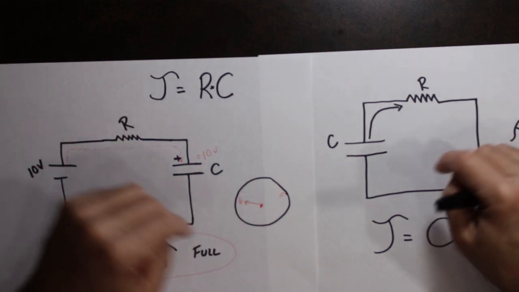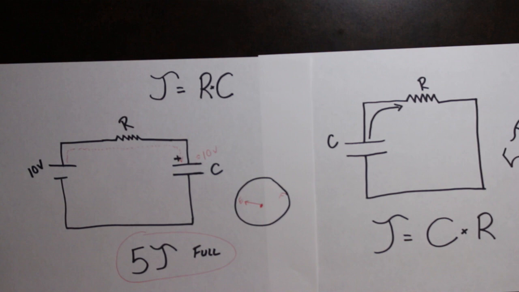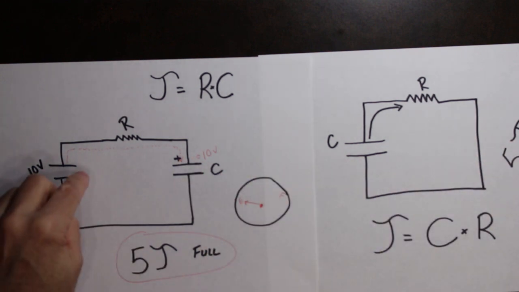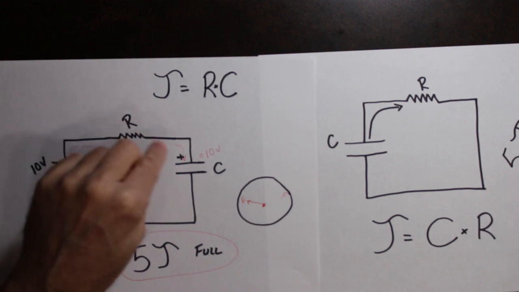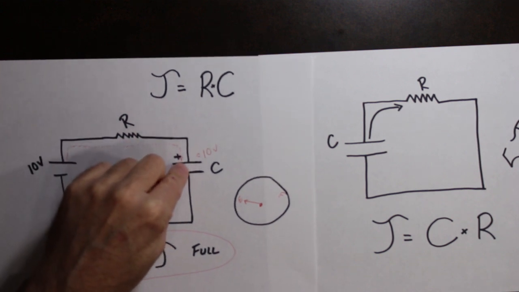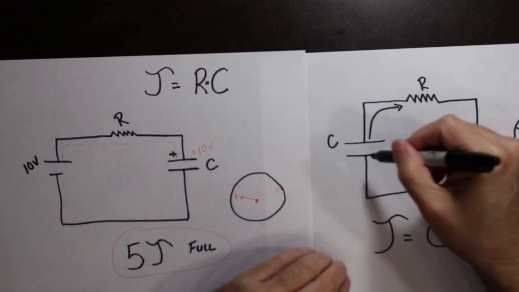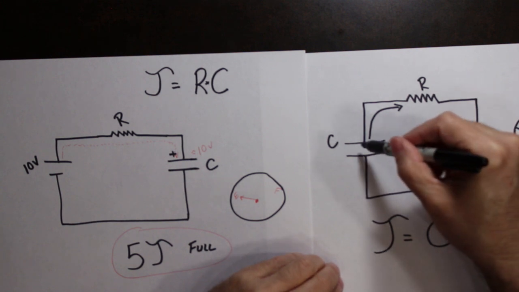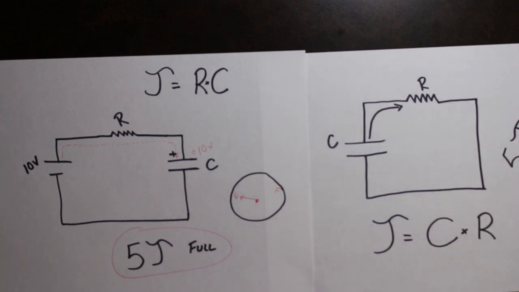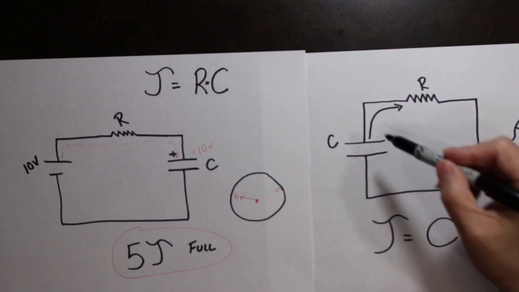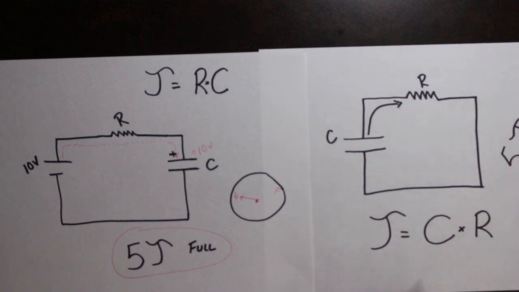Could be the same resistor, could be a different resistor, could be a group of resistors, doesn't matter. Charging through the resistor charges up the capacitor. Discharging, the capacitor becomes the source of the electrons and it discharges through that resistor.